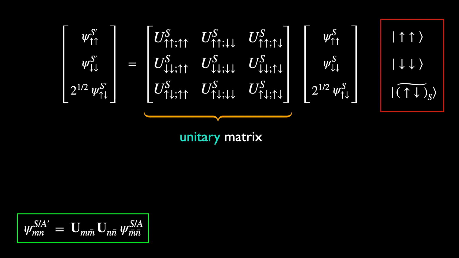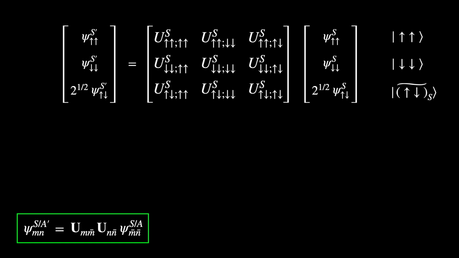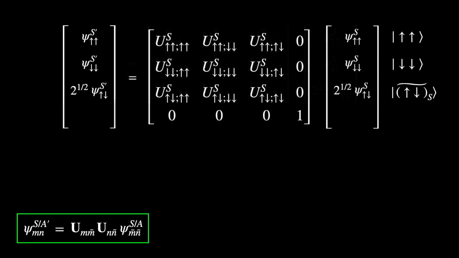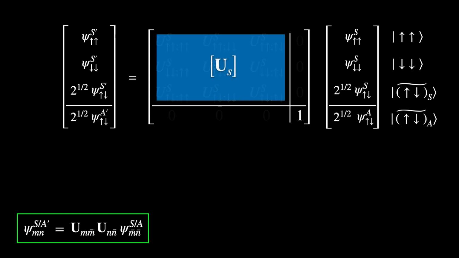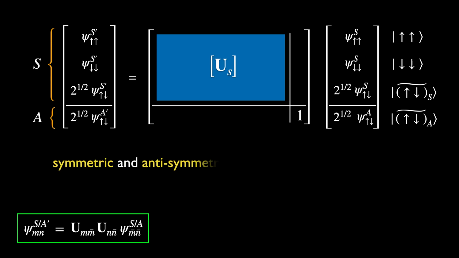We could include the anti-symmetric part into this picture by extending the matrix. We can see from this picture that psi is actually a representation of rotations that is reducible into two separate blocks, the symmetric and anti-symmetric parts. Each forms a complete representation of rotations by themselves. This is a less trivial counterpart to the example we made up earlier about two particles rotating on a 2D plane.